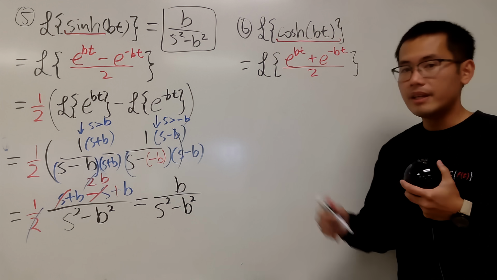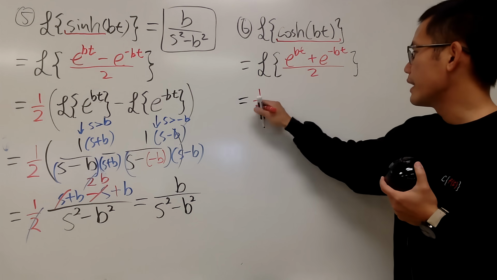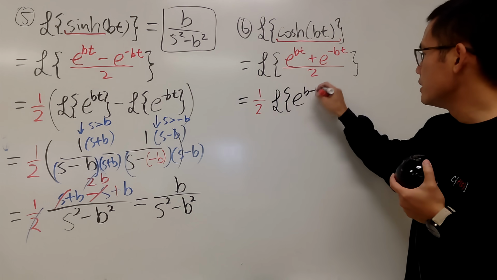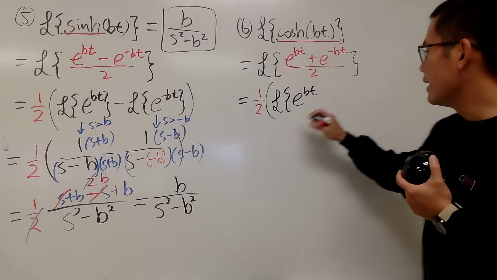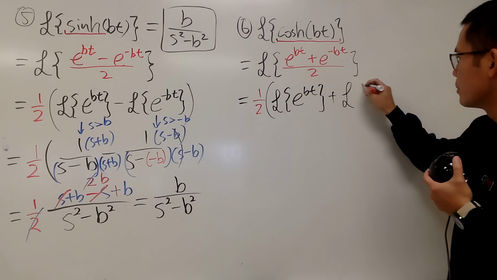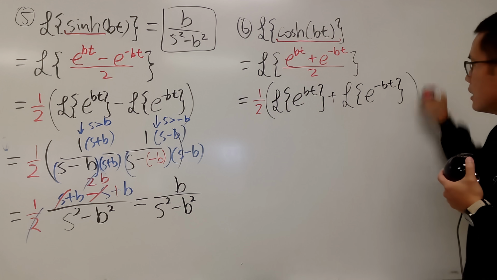And then again, we can just do what we did over there. So this is the same as 1/2 Laplace transform of e to the BT, and then we have to add the Laplace transform of e to the negative BT.